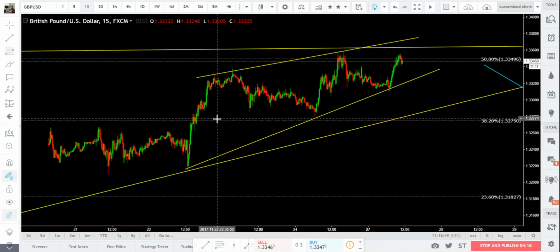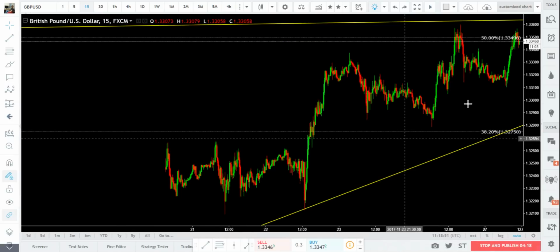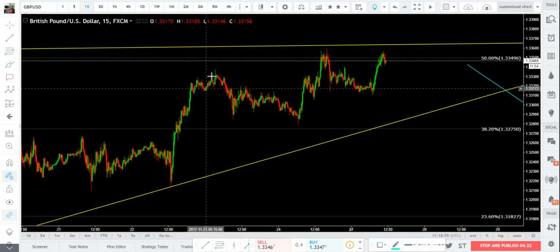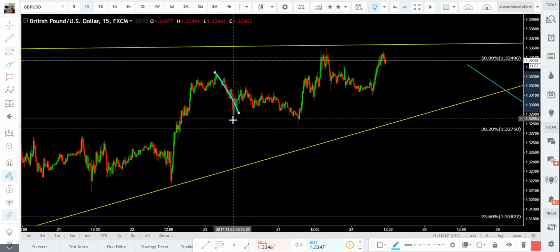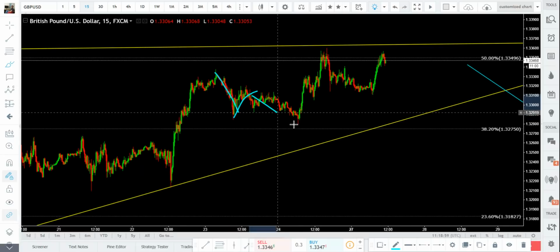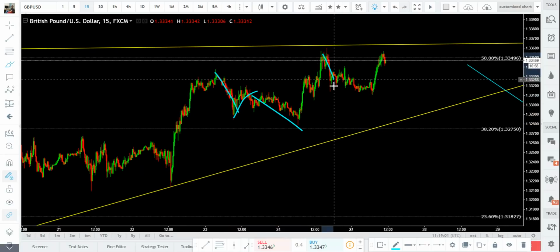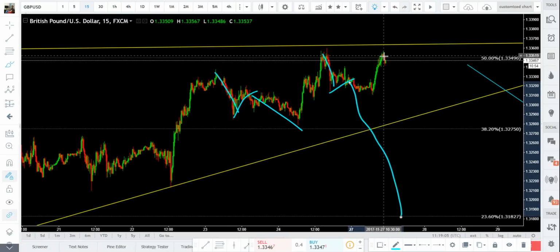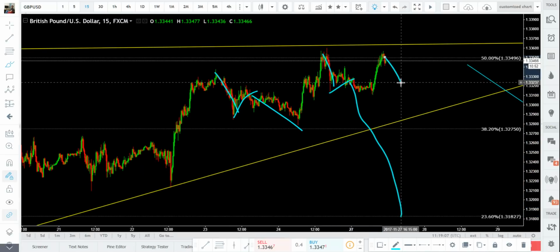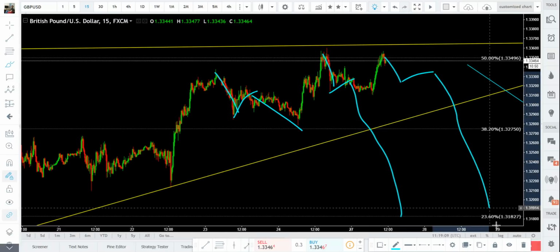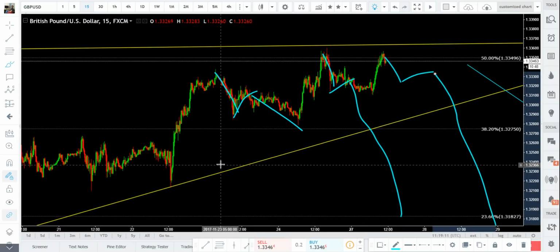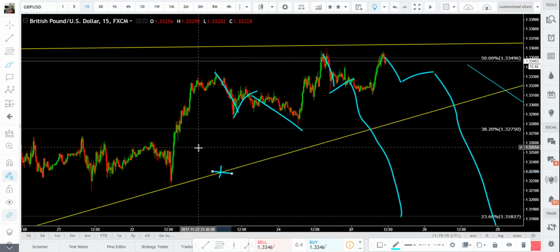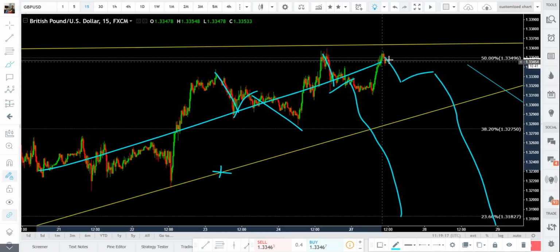What you need to look for is this kind of price action: an impulsive move, continuation, and then breakdown to the downside. Watch this area. This trend line breakout is going to give us an idea that we are leaving this corrective uptrend.